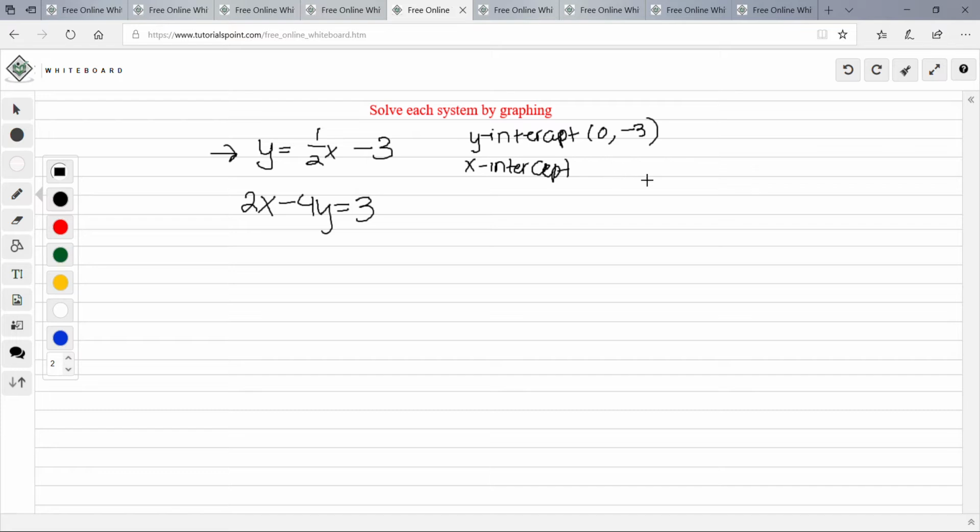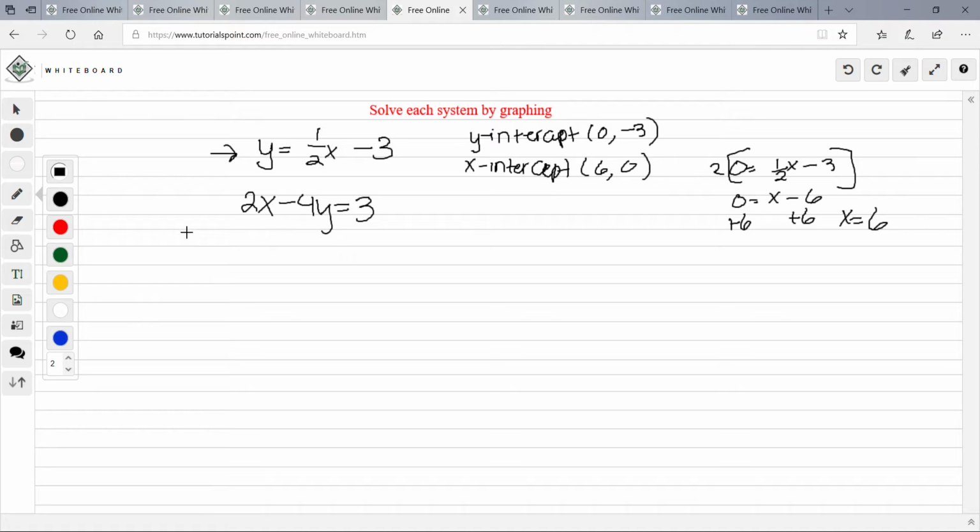Remember, you plug in 0 for y, so it's going to be 0 equals 1/2 x minus 3. Let's get rid of the fraction by multiplying by 2, so it's 0 equals x minus 6. So x equals 6. Our x-intercept is (6, 0).